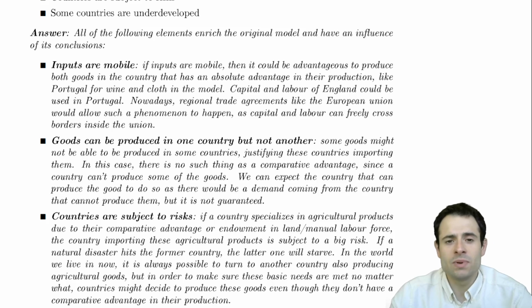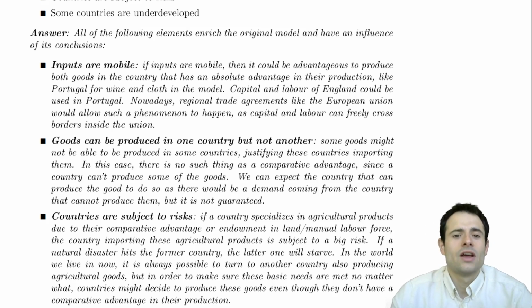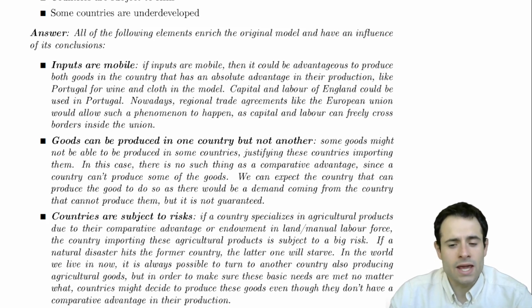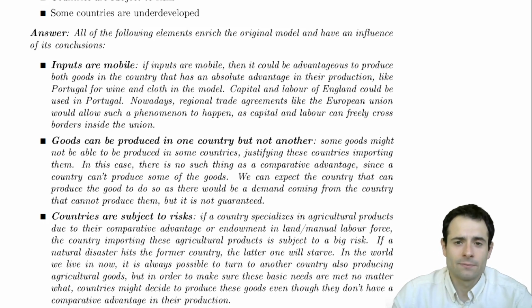This means that there's going to be a demand for that good, and countries that can produce this good then will face not only a domestic demand, but also a foreign demand. In this case, it makes sense that these countries produce that good since there is such a high demand.